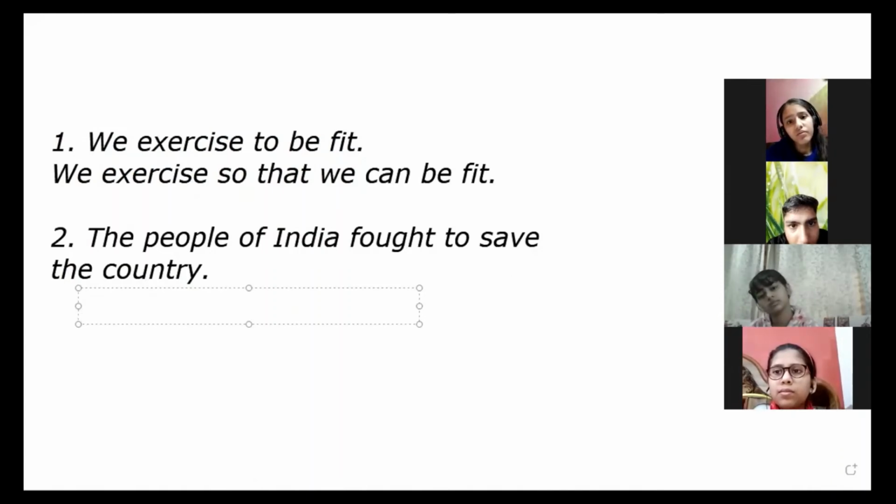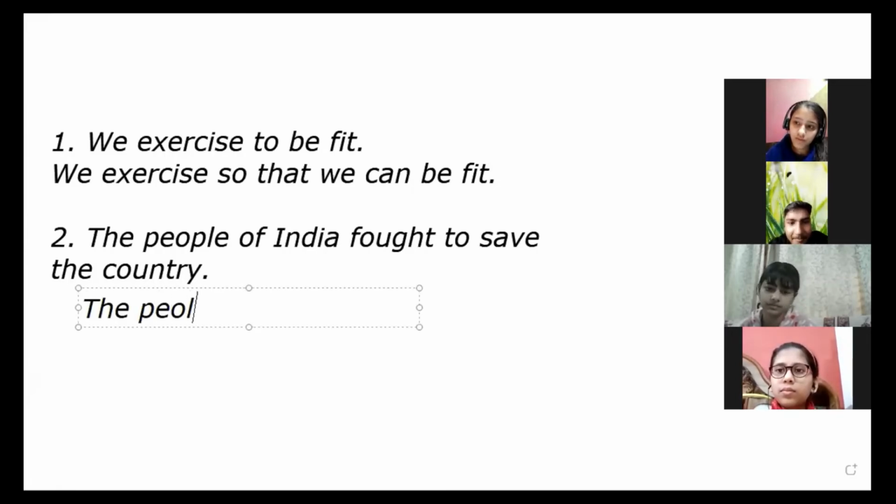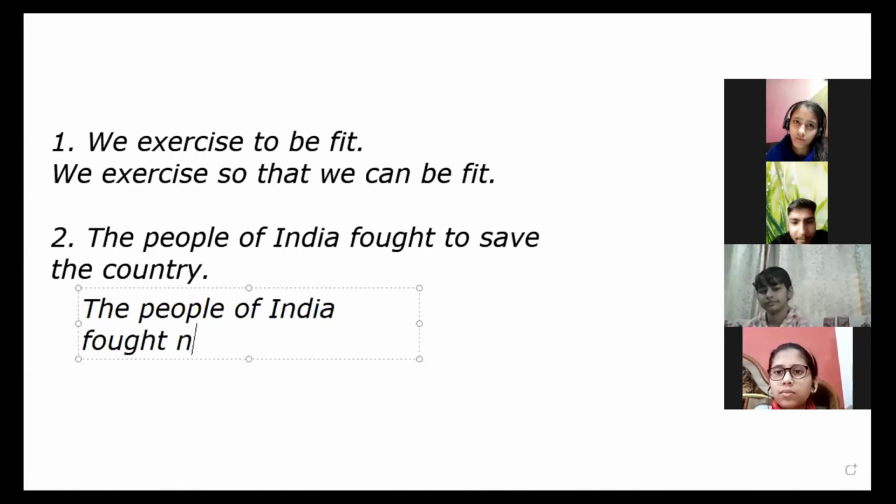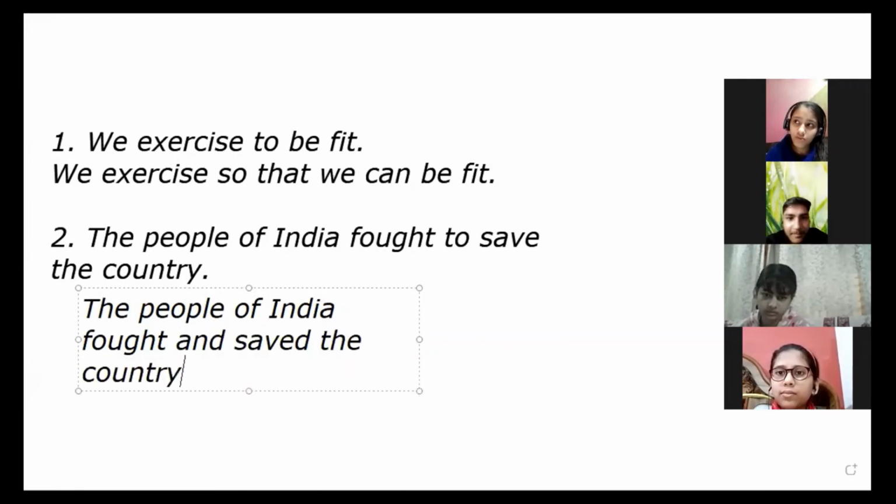Change this sentence into compound. Yes, Juveria? The people of India fought and saved the country. Very good. Absolutely correct. The people of India fought and saved the country. Keep on noting down these sentences.